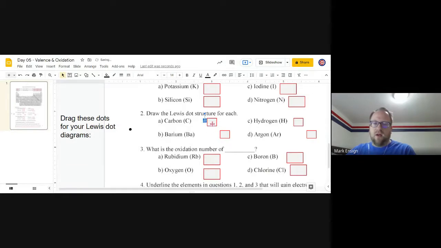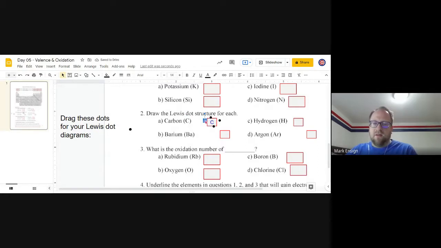So for carbon, I would put a dot there, and then I'd come over here and grab another dot. And then I need 4, so one more, and then this one here. Now it's not going to be perfect like when you draw them, but this is close enough. So I've got my 4 dots, put a C in the middle, and there's my Lewis dot diagram.